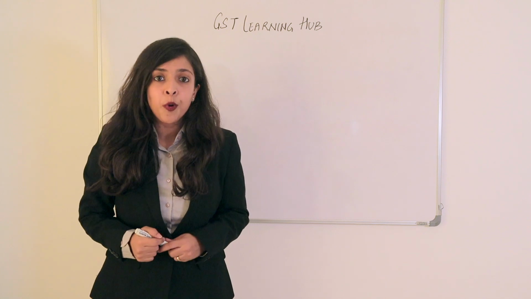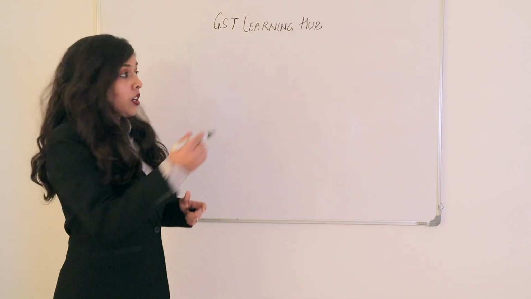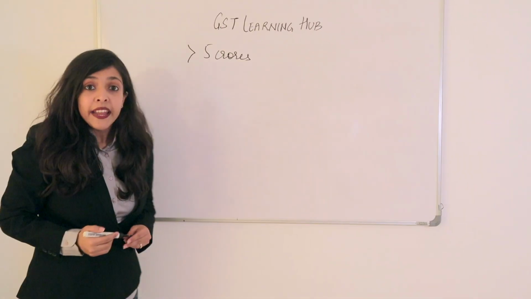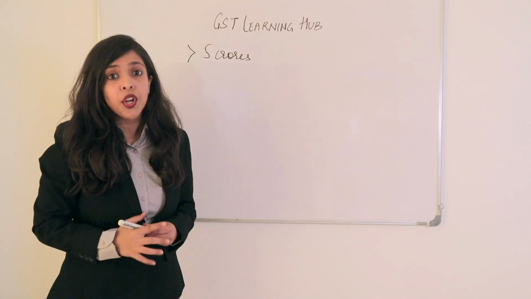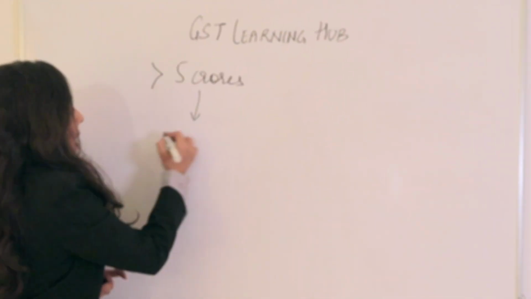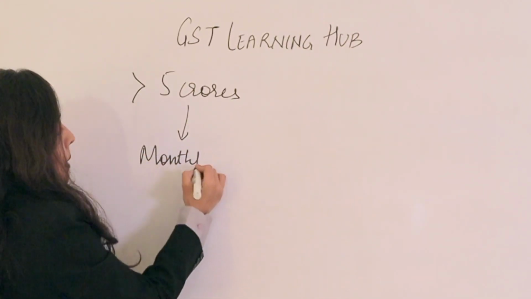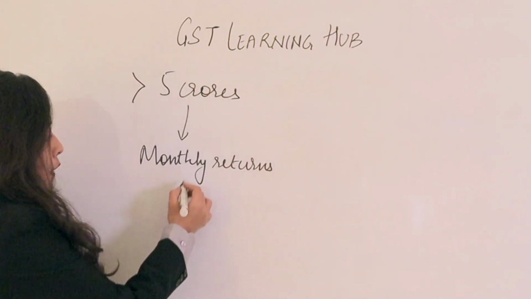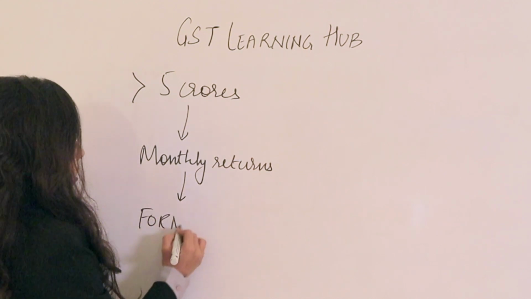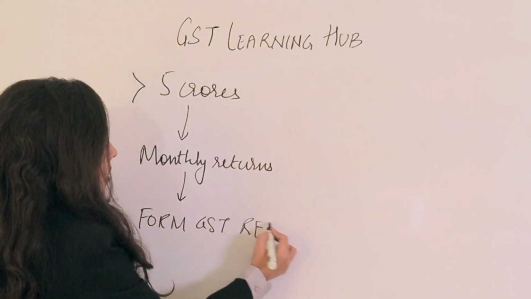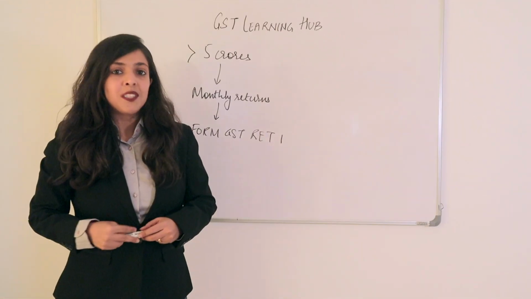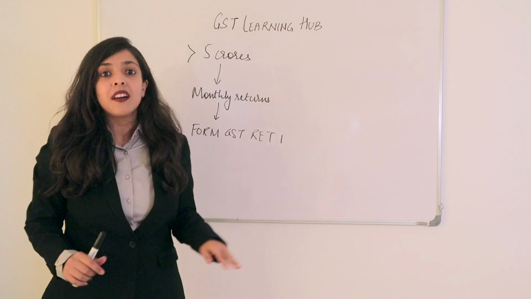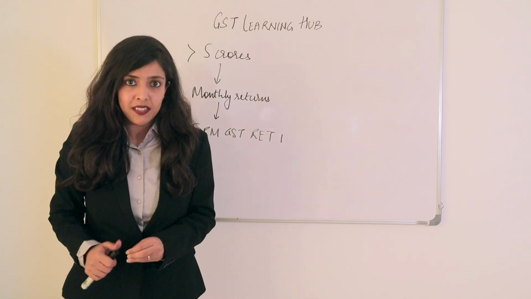So if the aggregate turnover in the preceding financial year was greater than 5 crores, then without any doubt you have to file monthly returns, and these monthly returns will be filed in form GST RET1. So if your turnover is above 5 crores, there is no doubt that you're going to have to file Form GST RET1 on a monthly basis.